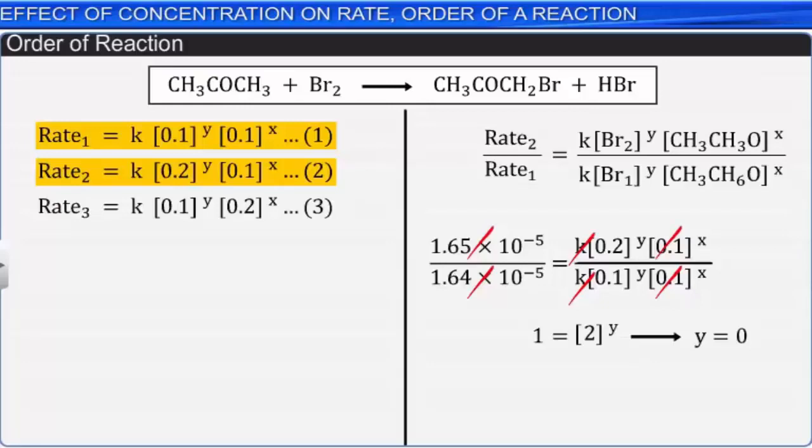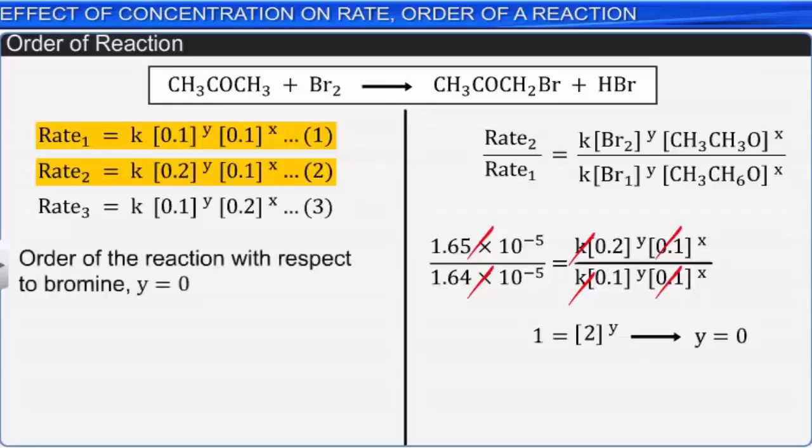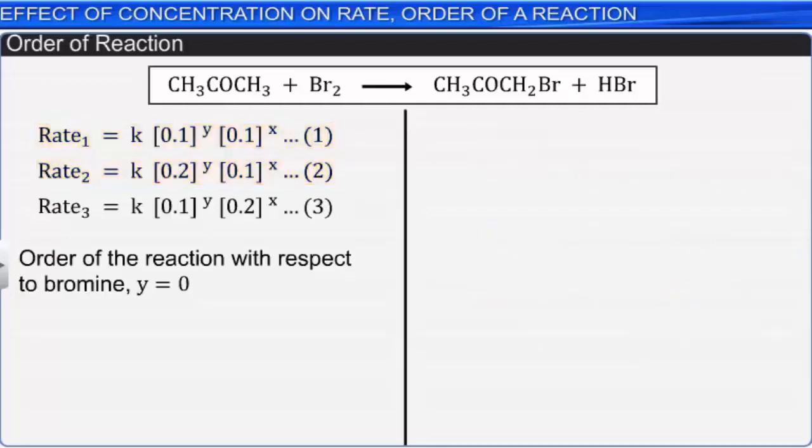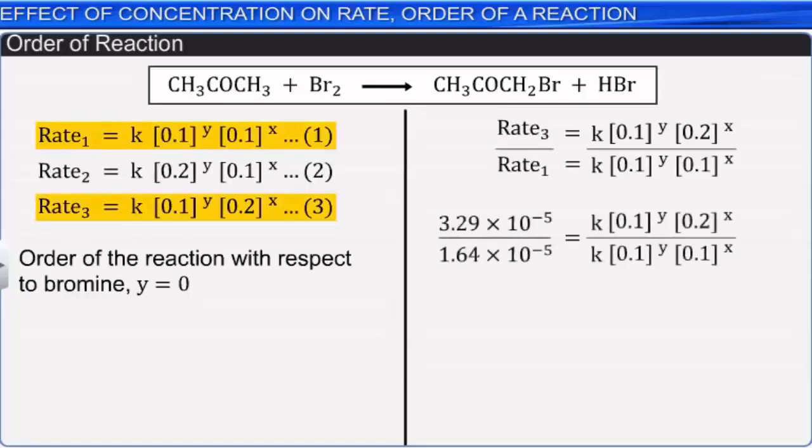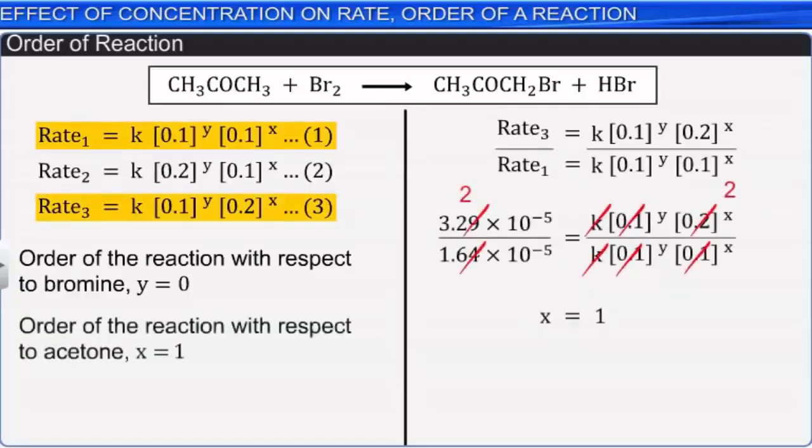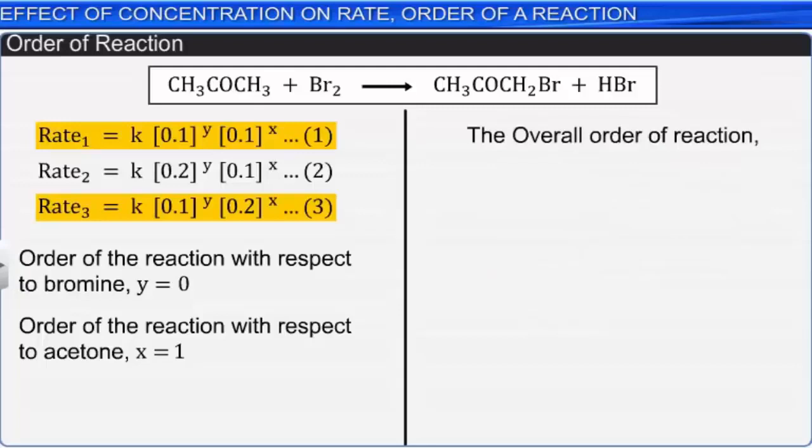Therefore, the order of the reaction with respect to bromine is 0. Similarly, we can calculate the value of X by dividing equation 3 by 1. We get X as 1, which gives the order of the reaction with respect to acetone as 1. The overall order of the reaction is therefore 1 plus 0, which is 1.